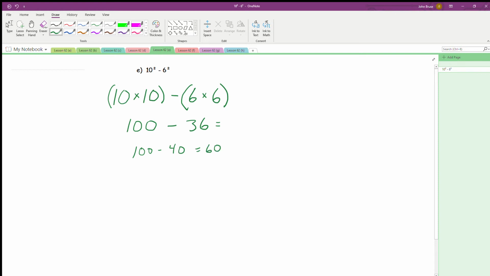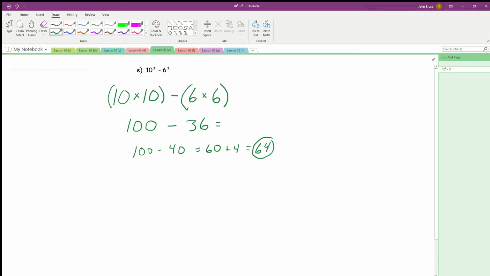And then I would add 4 more, because 40 is 4 more than 36. So we're going to go ahead and add 4, which gives us 64, which is our answer. That's how you can do it in your head.